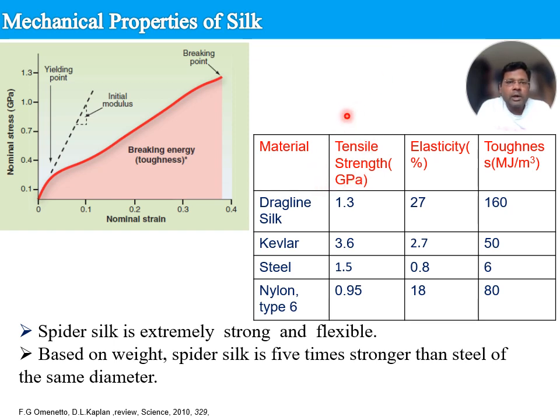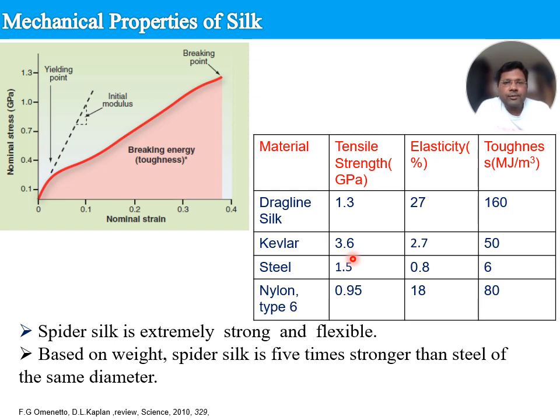almost equivalent to high tensile engineering steel, which is 1.5 gigapascal. But spider silk has a relative density that is 1/5 compared to steel, and it shows its strength is almost equivalent to tensile steel.